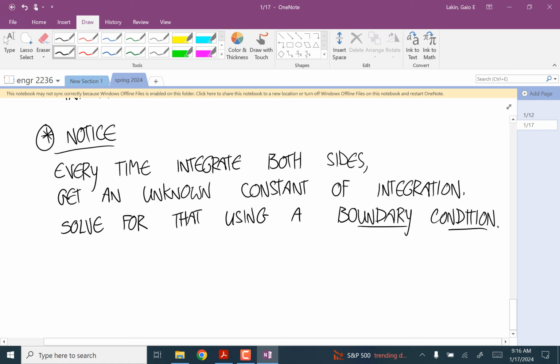In other words, the problem has to be given to you with one boundary condition per integration step, okay?